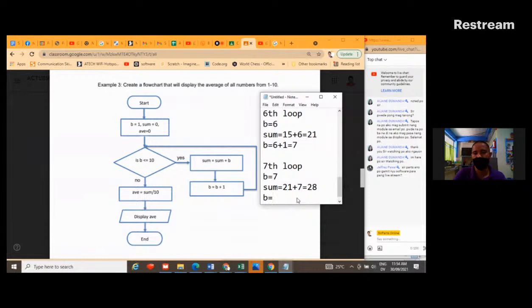And B equals 7 plus 1, which is equal to 8. Then for our eighth loop, B is equal to 8. Sum equals 28 plus B, which is 8. Okay.